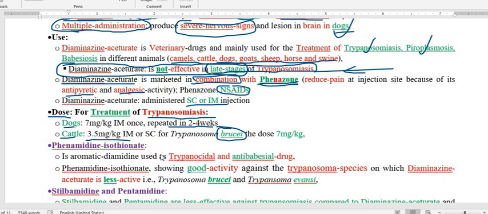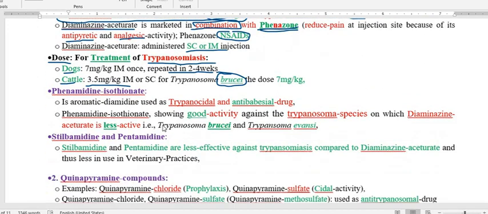Diaminogen aceturate is less effective against Trypanosoma brucei. So to make it more effective, we increase the dose in cattle. We just double it, that is 7 mg per kg body weight intramuscularly or subcut. So this is about the diaminogen aceturate.